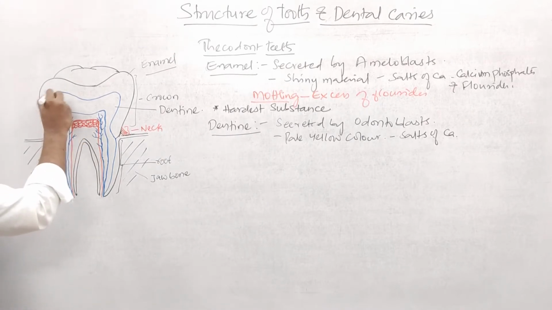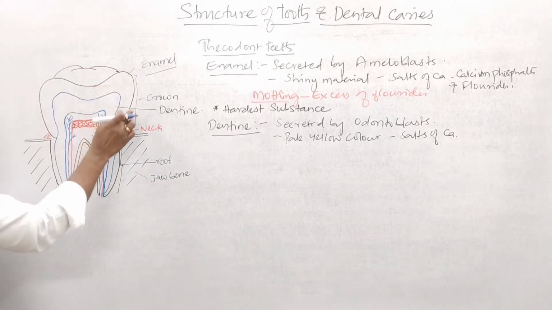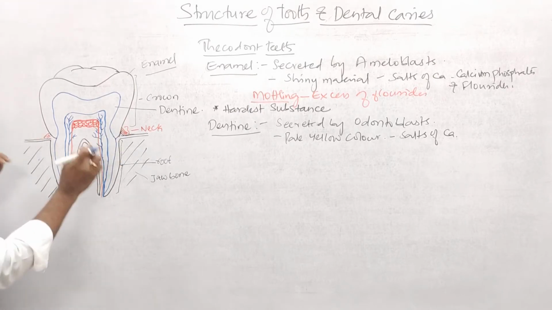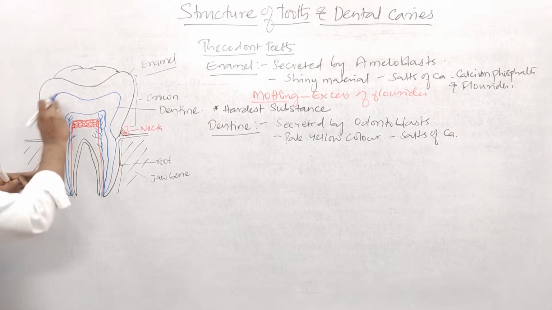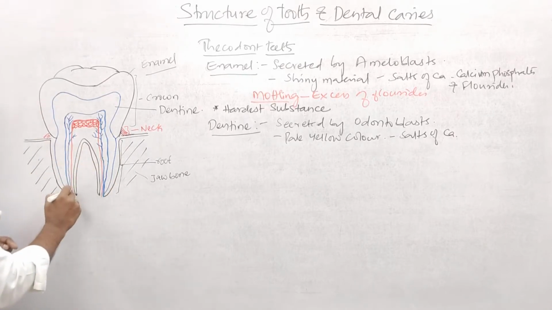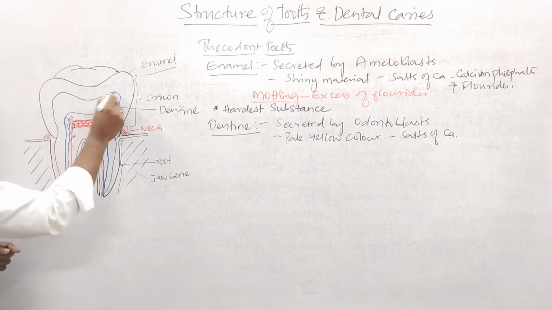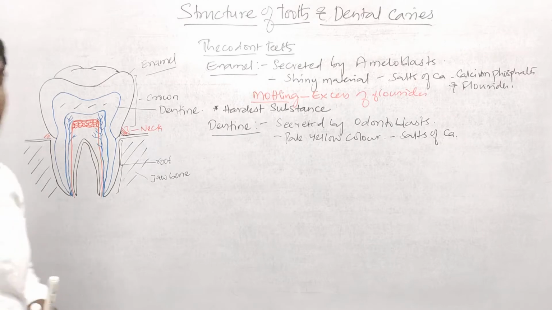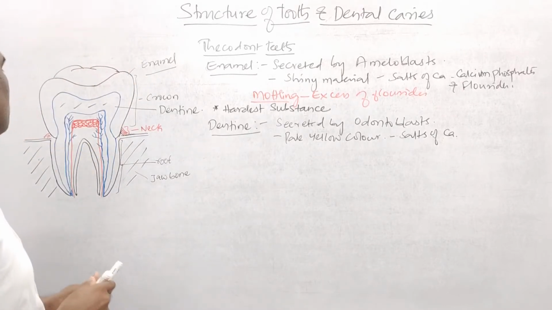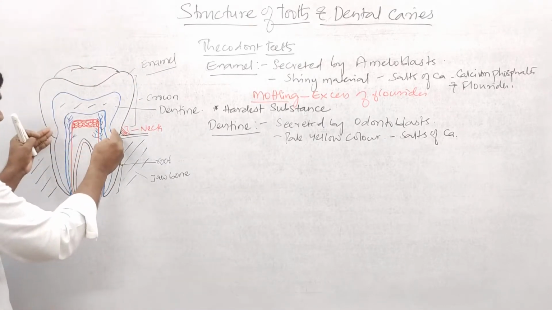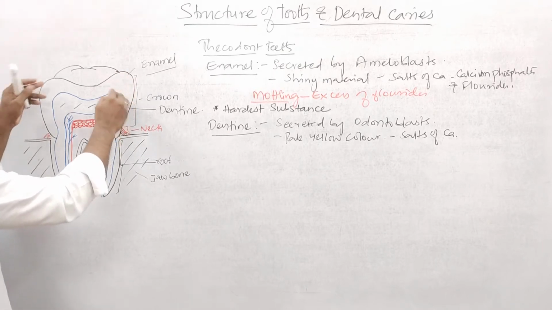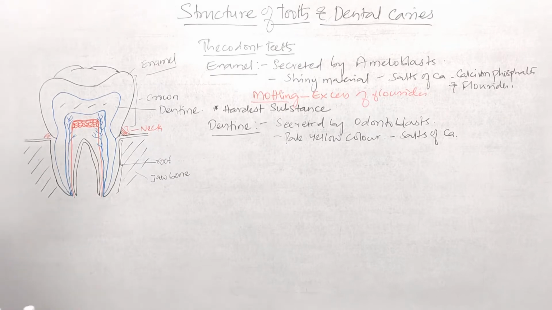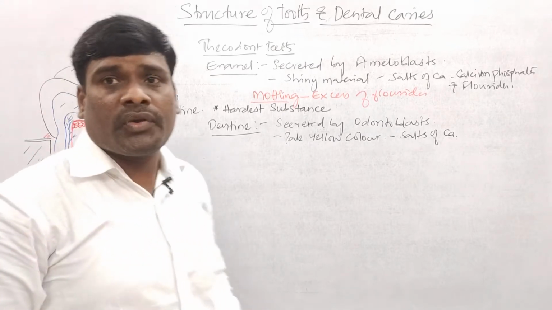Got it? So this is dentine, children. The enamel is only above the gum, but the dentine is seen throughout the tooth. So this blue color we call what, children? Dentine. And next, another part, children. This tooth fits exactly into the socket of the jawbone.